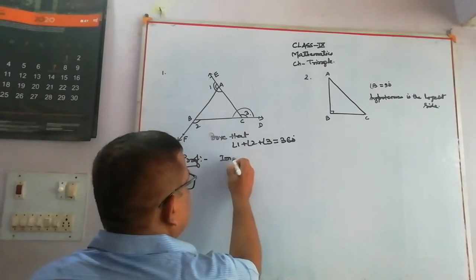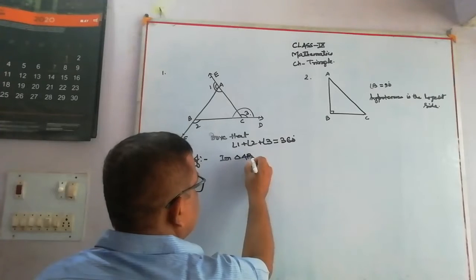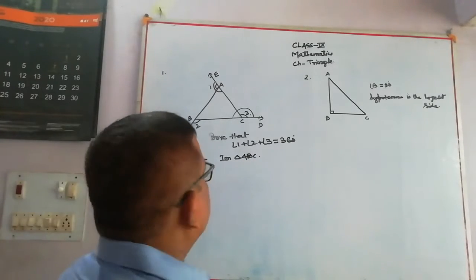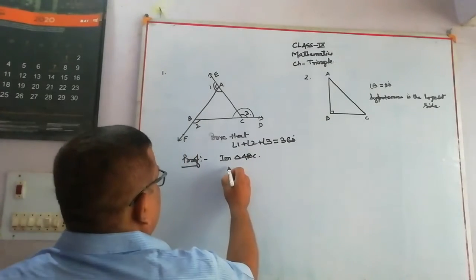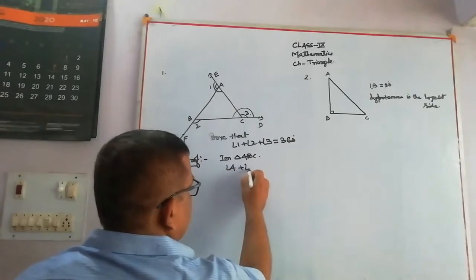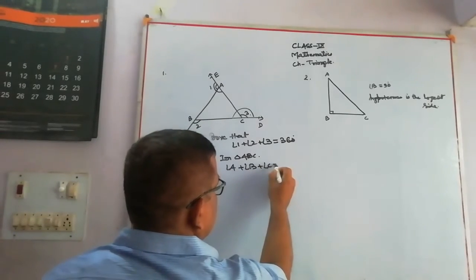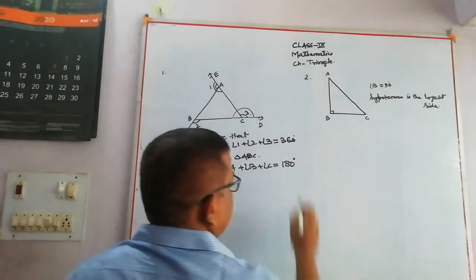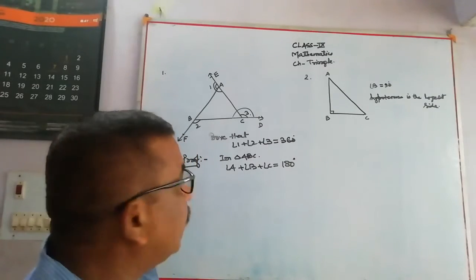In triangle ABC, angle A plus angle B plus angle C is equal to what? 180 degree. That is the property of triangle.